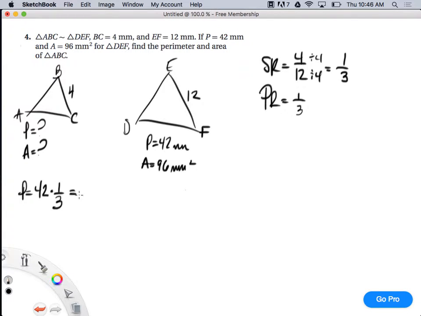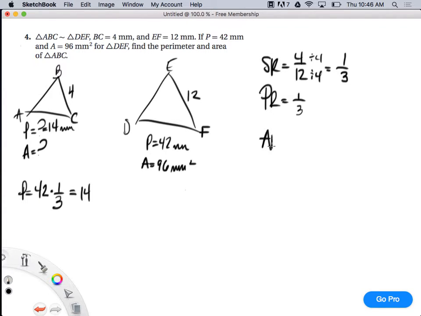Does that make sense? Yeah. So 42 divided by 3 is 14. 42 times 1/3 is 42 times 1 is 42, divided by 3 is 14. All right, now I got my perimeter.